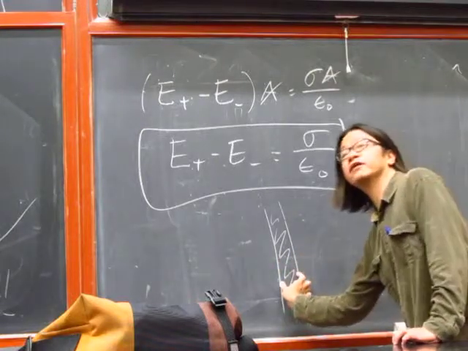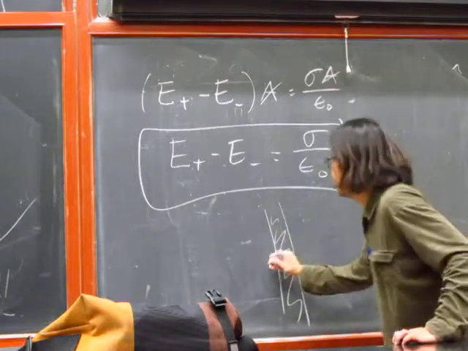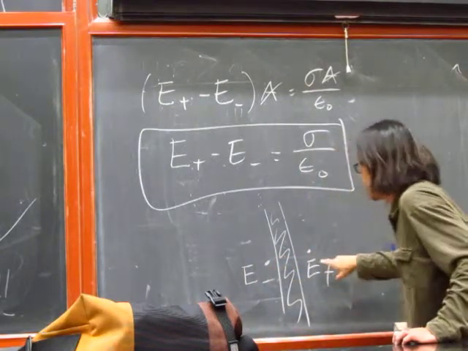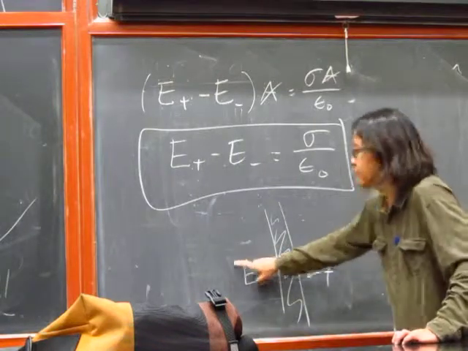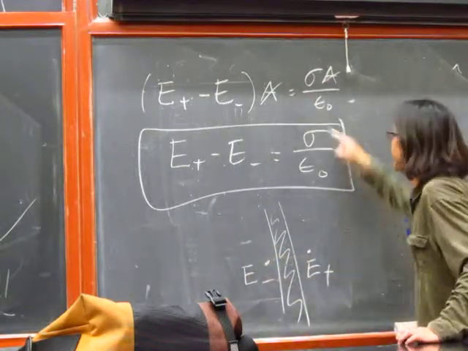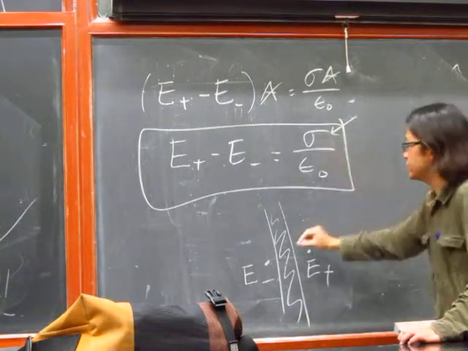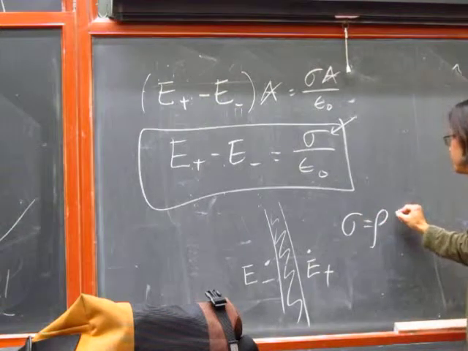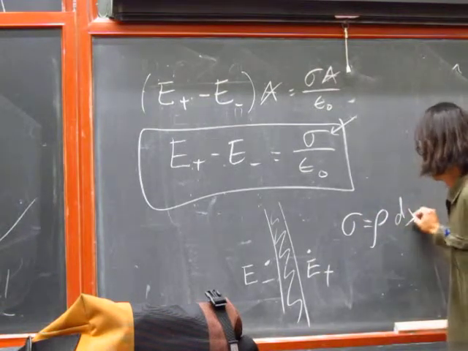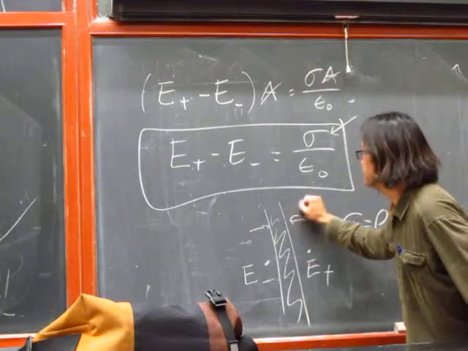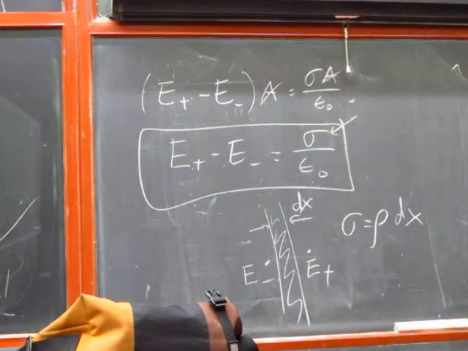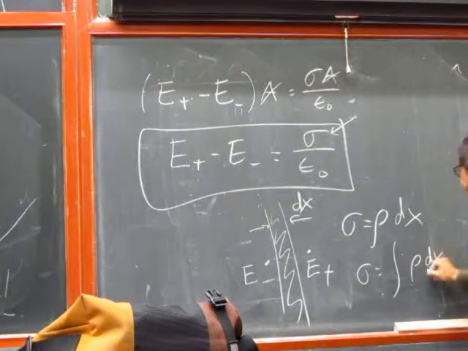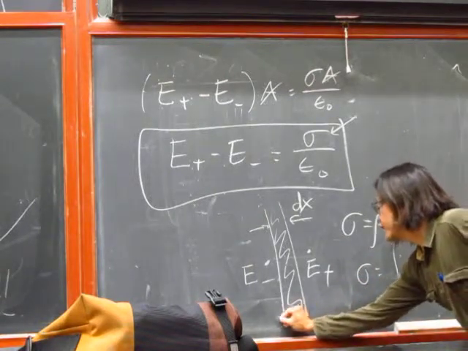If this is small enough and this is long enough, then the electric field outside minus the electric field inside has a discontinuity given by that, where sigma here is just the density times dx, where this thickness is dx. Or, to be more careful, I can also integrate from x1 to x2.